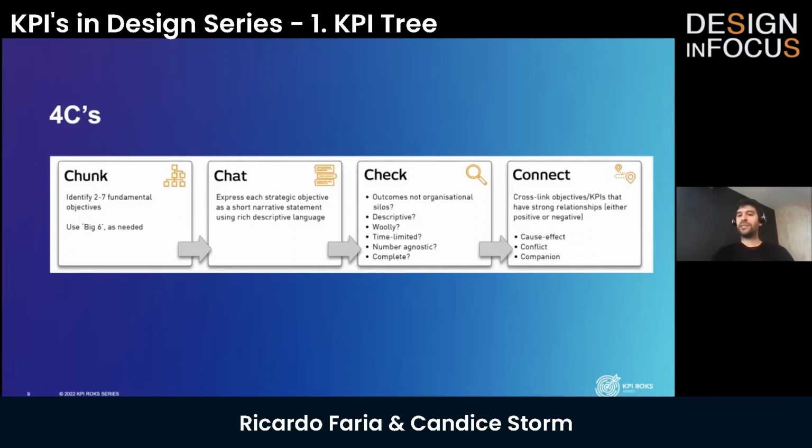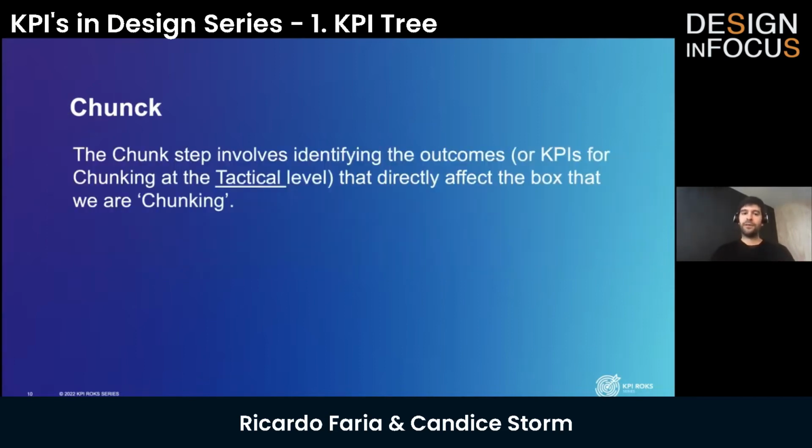Then you start to understand the cross-link objectives and have a strong relationship between them, positive or negative. So then you can start to look at cause and effect, or conflict, or companion. You can start to understand which things work and which things don't. In chunk, what we do in this step involves identifying outcomes or KPIs.